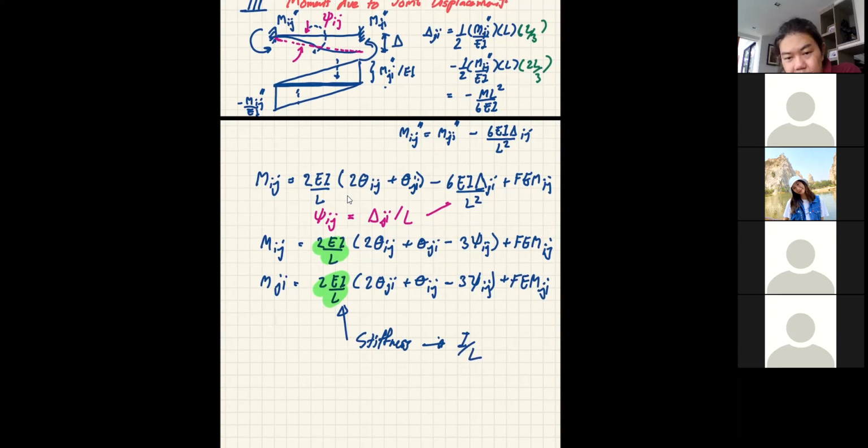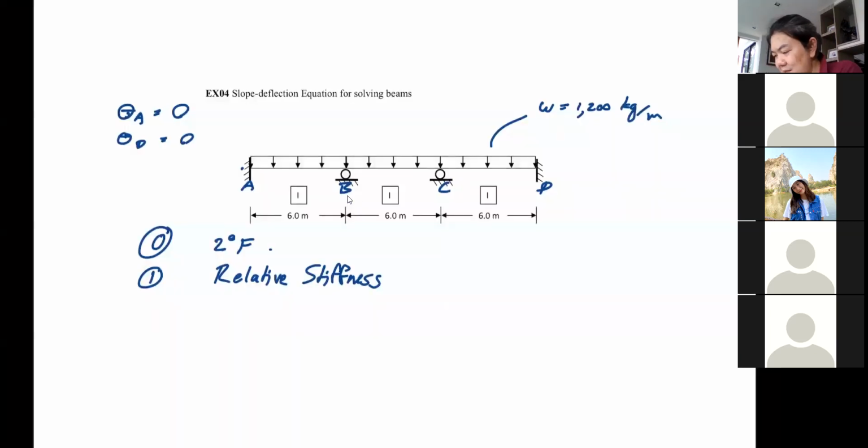The longer the L, the less stiff your structure becomes, right? If it's long, it's very easy to deform, so it's less stiff. And with greater I, it becomes harder to deform, so it's more stiff. Simple as that.